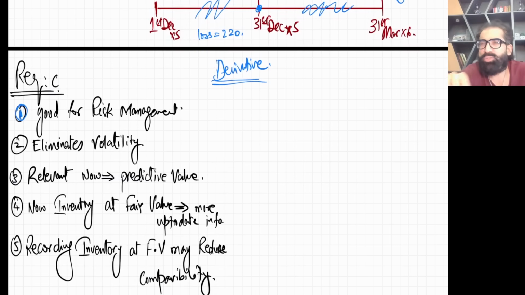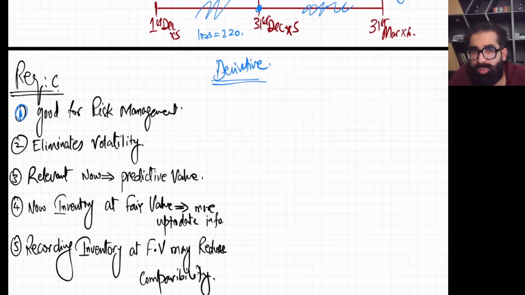Now, my dear student, as you know, in hedge accounting, both the hedged item and the hedging instrument are recorded at fair value. So in this question, your hedged item was inventory. So inventory is recorded at fair value in this question, and all the changes are taken to P&L. Okay, so what is the advantage?